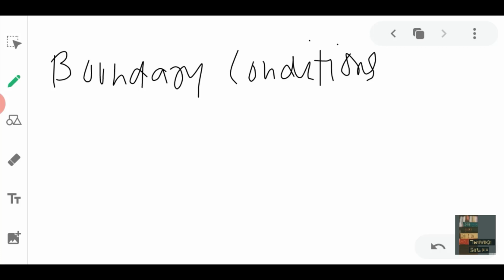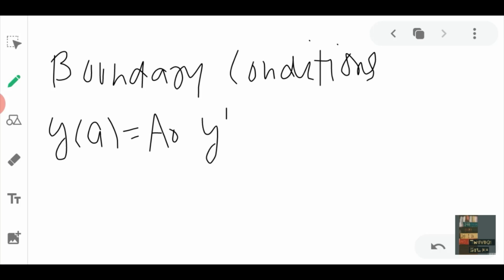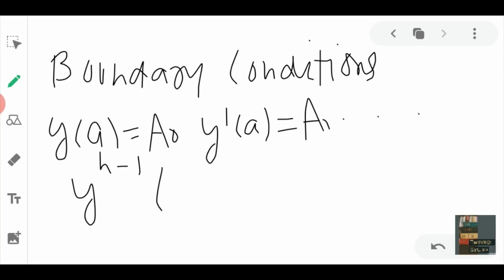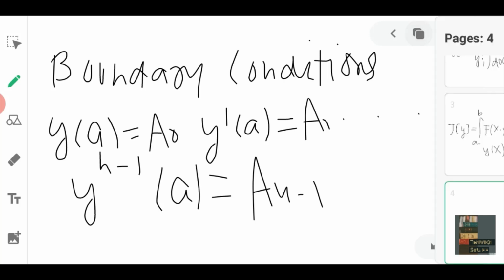So we have the boundary conditions that y of a is equal to a naught, y prime of a is equal to a1 and so on, and the (n minus 1)th derivative of y at a is equal to a sub n minus 1, and similarly for b.